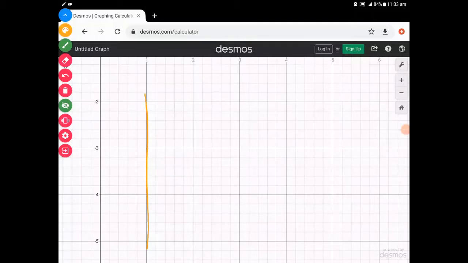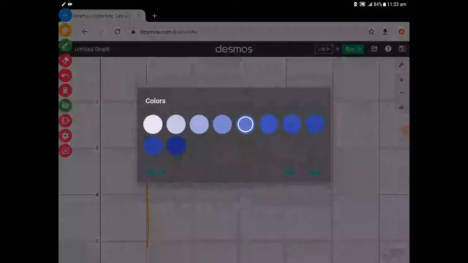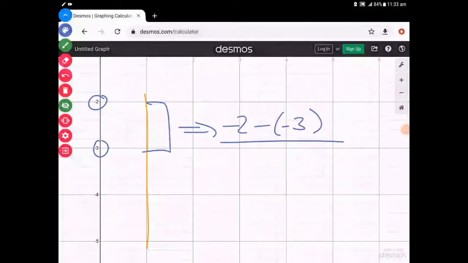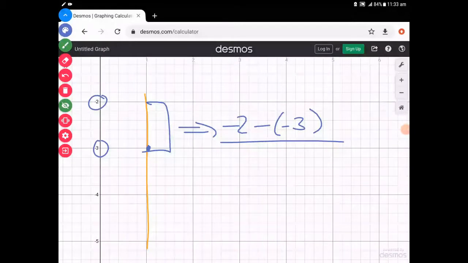Again, it is change in y by change in x. So if this is the change in y, it will be -2 minus of -3, whole divided by the change in x. The x value is not changing. We see that this x line is the same.